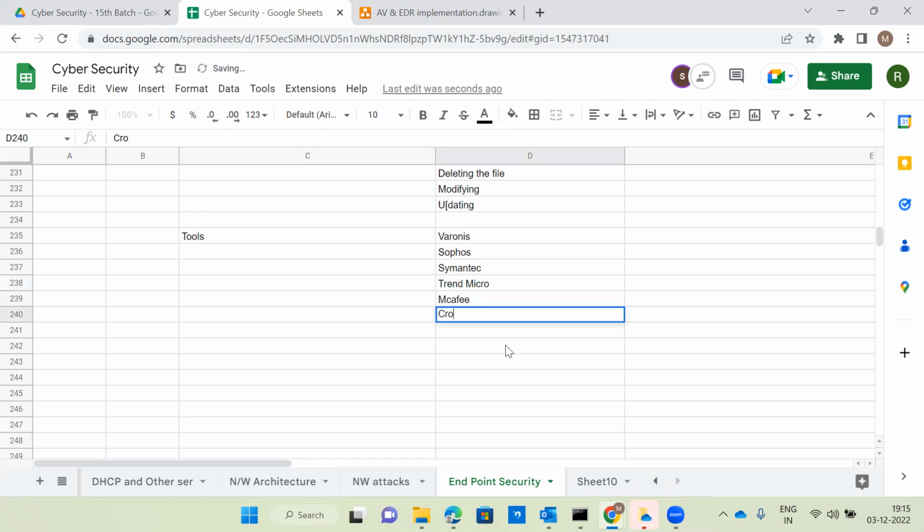All the endpoint security tools have this option. Carbon Black, SentinelOne, Cylance, Microsoft Defender, and so on. So these are all the tools available related to file integrity monitoring.